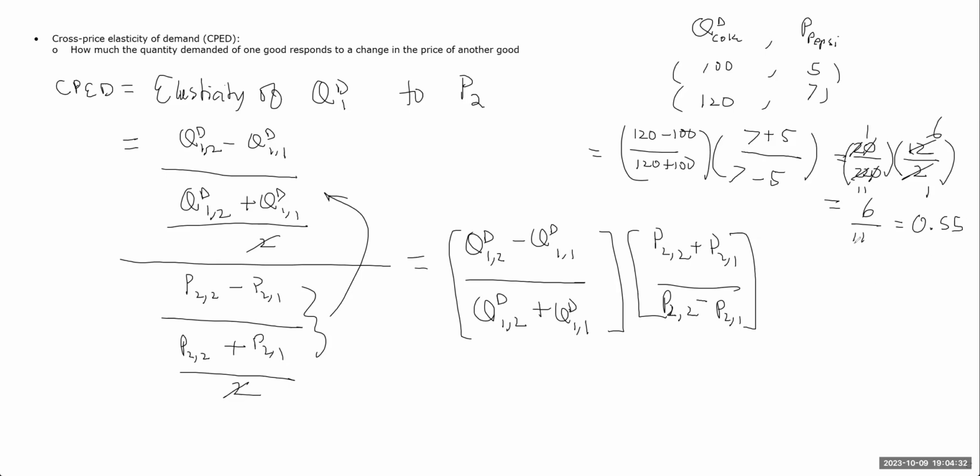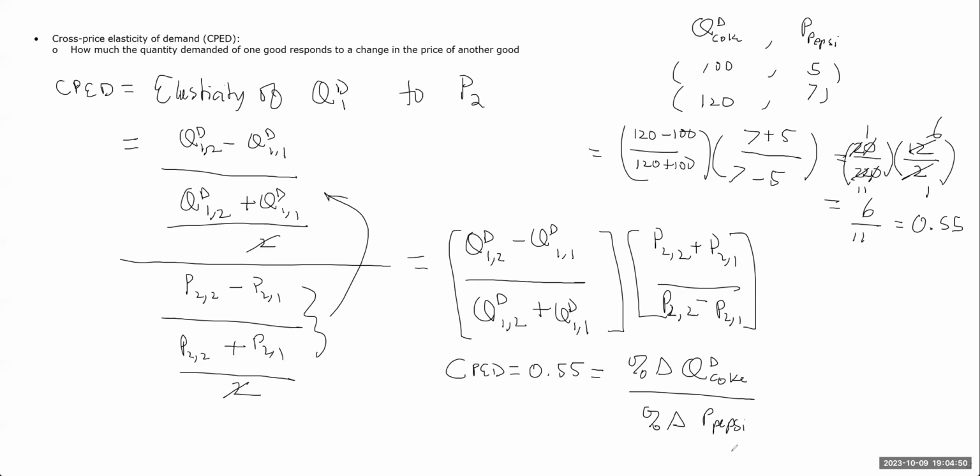0.55. Again, cross price elasticity of demand is 0.55. That is equal to the percent change in quantity demanded of Coke divided by the percent change in price of Pepsi.